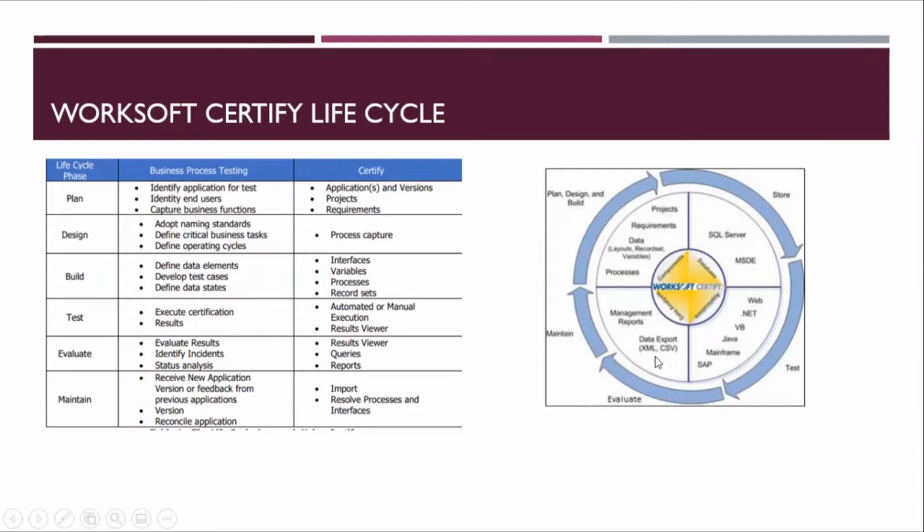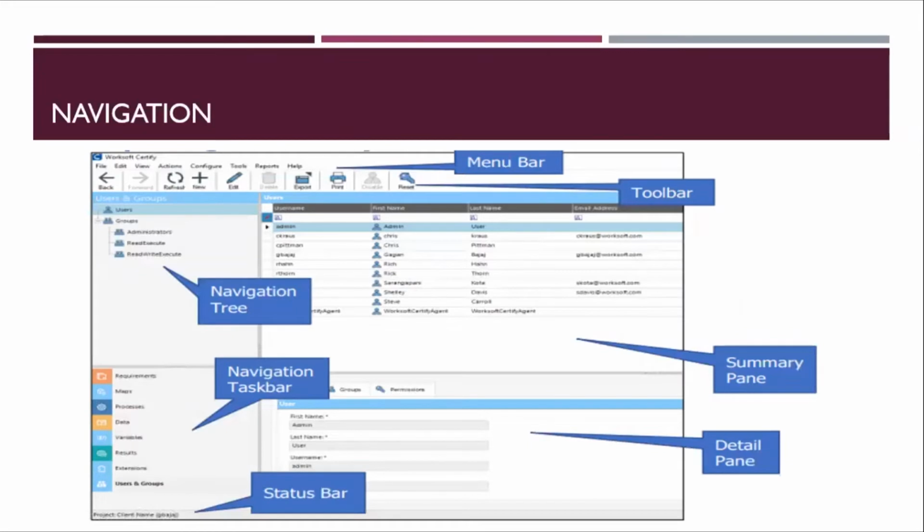And we have an option to export DB sheets, like layouts and record sets, which are the data fields where we store all our data for the scenario. And we have the maintain phase. We have management of reports and all that stuff. Okay. So yeah, this is mainly how Worksoft looks once we open Worksoft Certify.